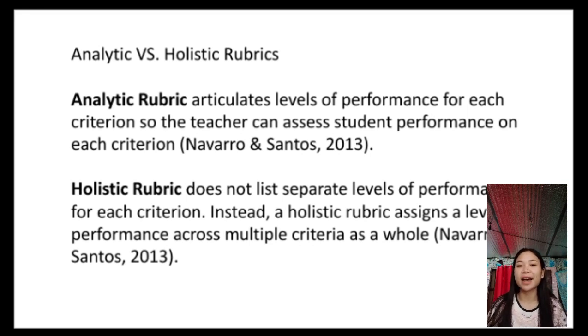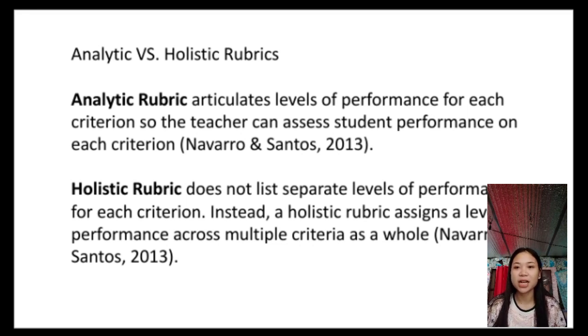First, we have analytic rubric. An analytic rubric articulates levels of performance for each criterion so the teacher can assess student performance on each criterion, according to Navarro and Santos 2013. An analytic rubric breaks down the assessment criteria into specific components.